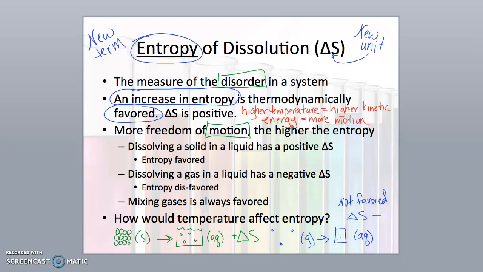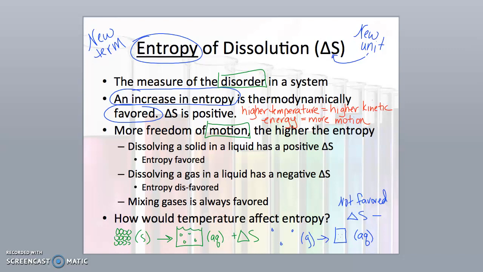So there's another component here, and that's entropy. Entropy is the measure of disorder in a system, and nature favors an increase in entropy. You're going to see this delta S, and that's the change in the entropy. They're using S for entropy. We can think about dissolving in terms of freedom of motion. A solid doesn't have much freedom.